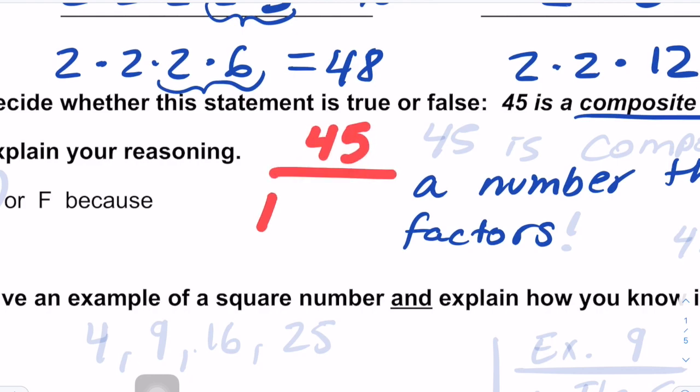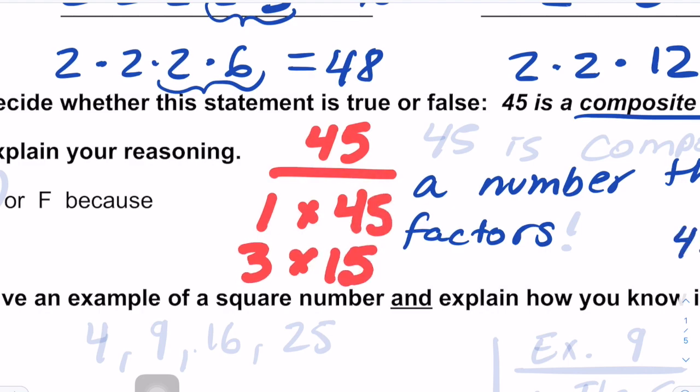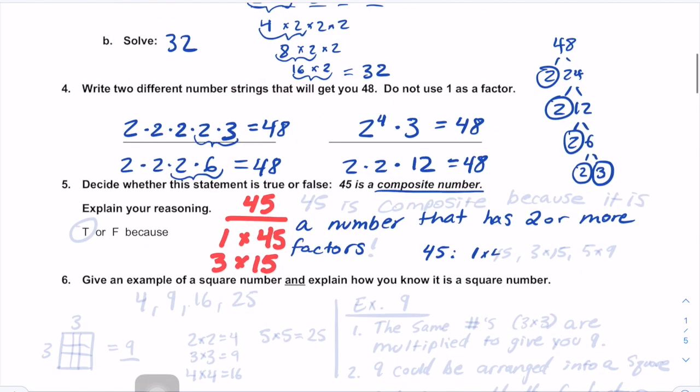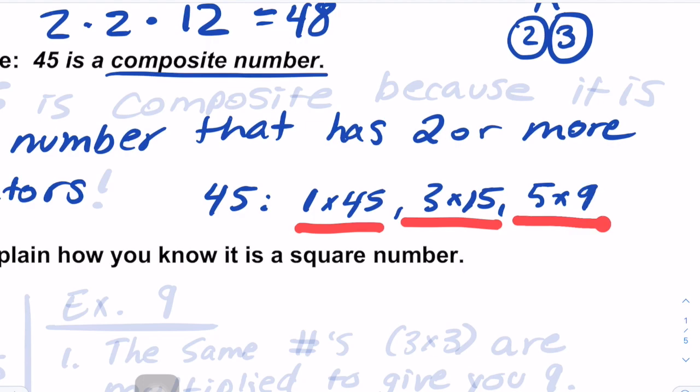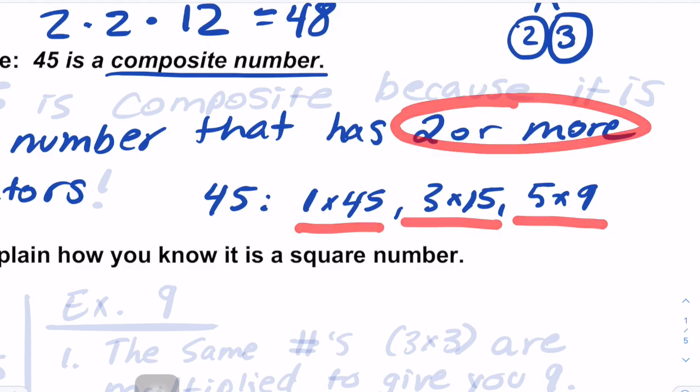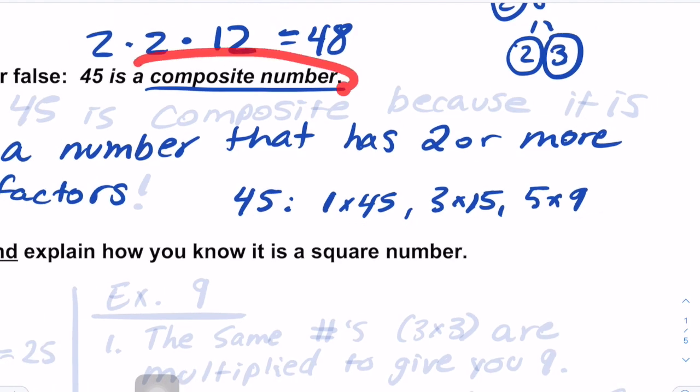So if I were to list the factors of 45, I know that 1 times 45 is a factor pair. I know that 3 times 15 is a factor pair. I also know that 5 times 9 is a factor pair. And this alone, even if there are more factor pairs, tells us that there are 2 or more, which means it is definitely composite.